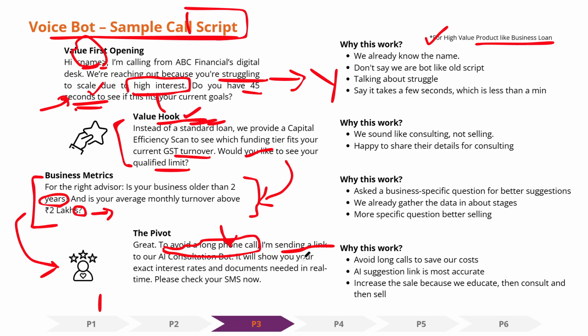In this we reduce our calls to an SMS-type format, so that we reduce our cost as well. We can chat with our bot rather than using the call system. So this is why this works: the psychology, the human feelings, and all of this, I noted down here.